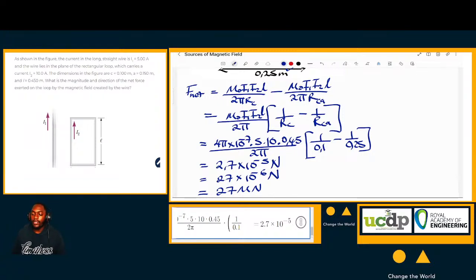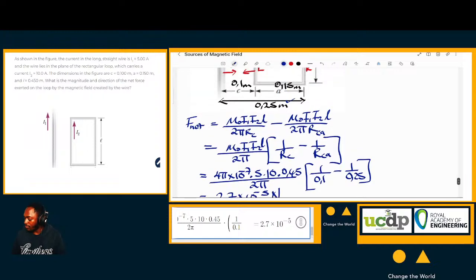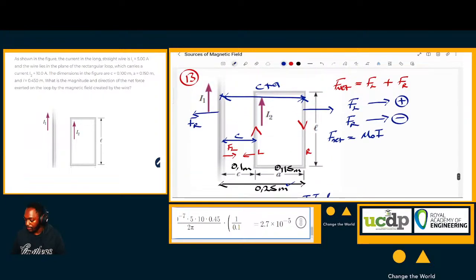So I was saying, which direction do you think that coil would follow? Because look, listen to the question. It says, what is the magnitude and the direction of the net force exerted on the loop by the magnetic field created by the wire? So meaning to say, in which direction is that loop going to move? Will it move to the left or will it move to the right? What do you think?